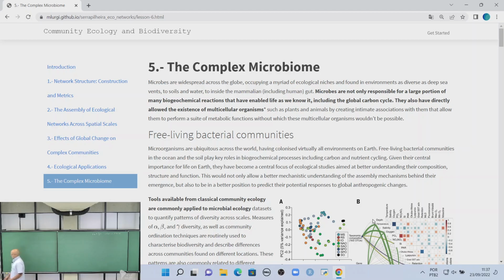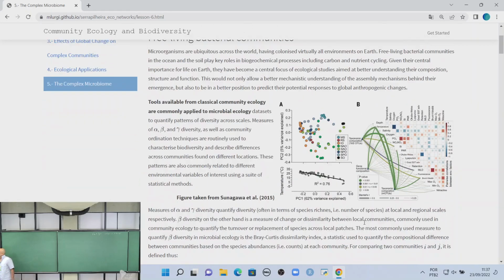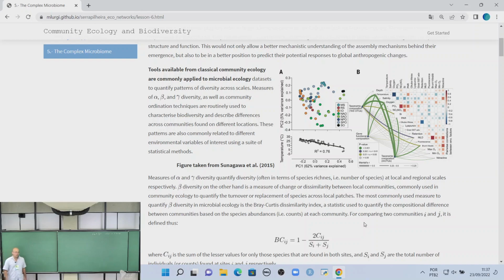So the way in which people have started to address these questions is by looking at these microbial communities as they have always looked at other ecological communities.